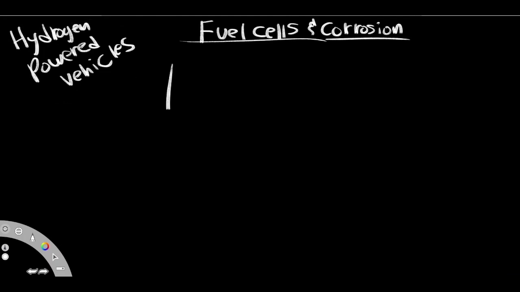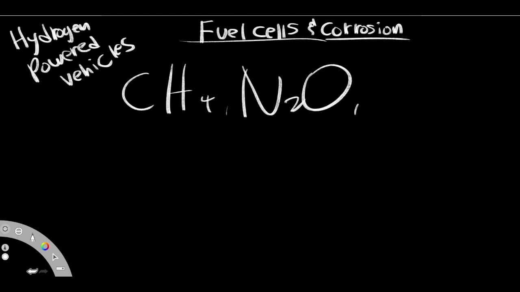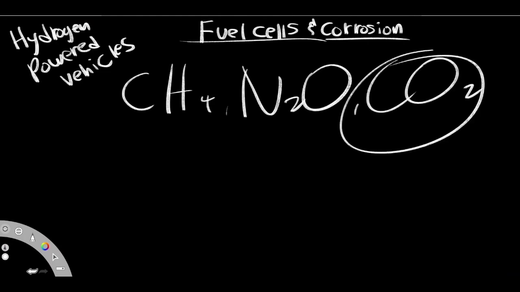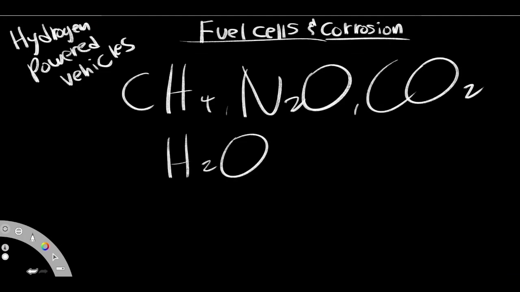Obviously we know of CH4, the methane, a highly potent greenhouse gas, same with nitrous oxide, or obviously the big one that we all know about, carbon dioxide. So hydrogen powered vehicles, rather than releasing these, only release water, or water vapor.